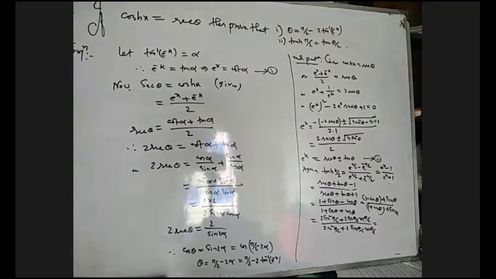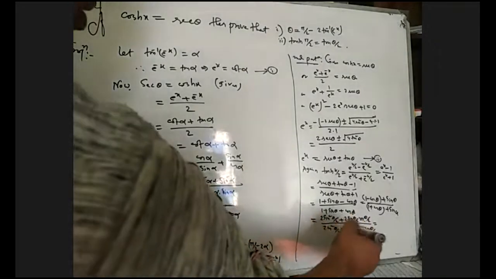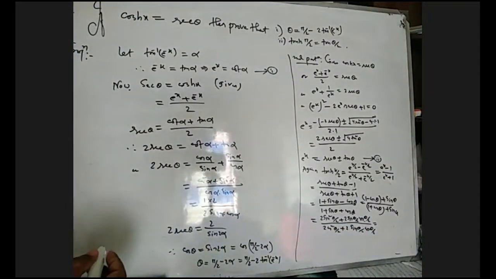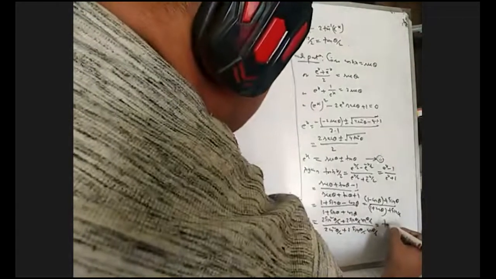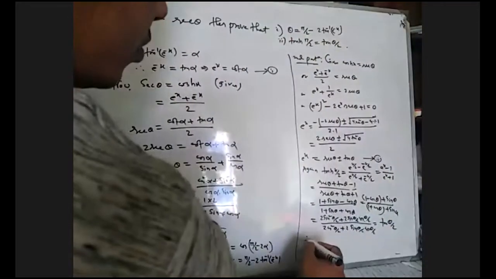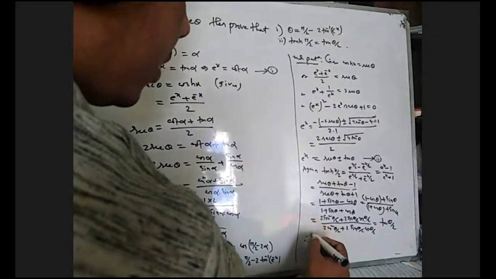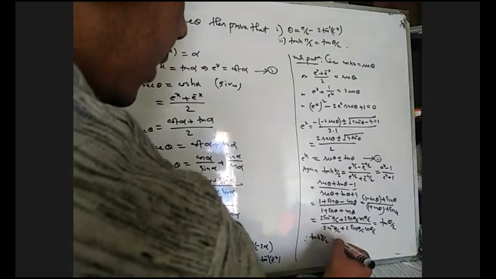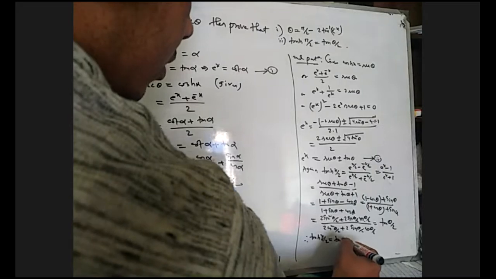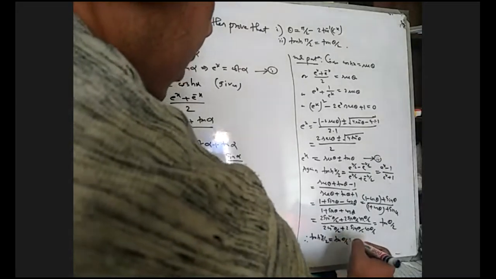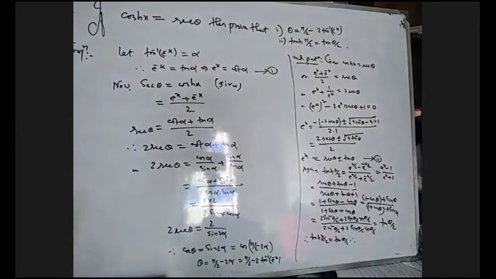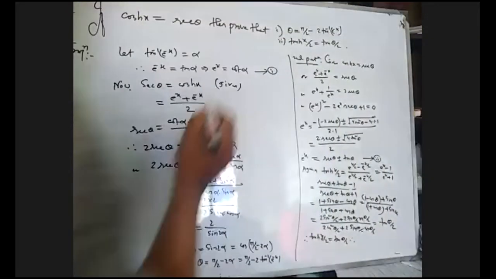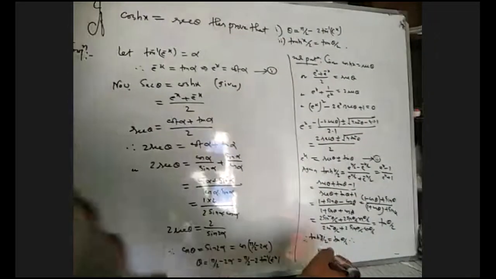So we get sin theta by 2 divided by cos theta by 2, which is tan theta by 2. So this equals tan hyperbolic x by 2, and x by 2 equals tan theta by 2. This is the second proof: tan hyperbolic x by 2 equals tan theta by 2.